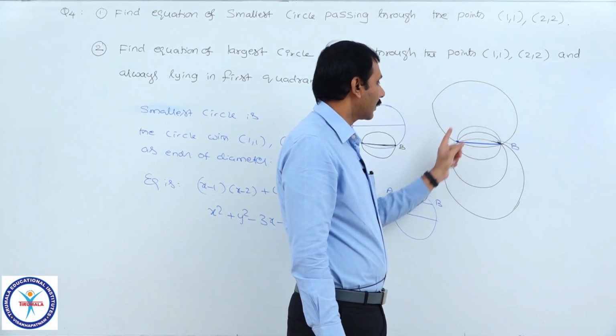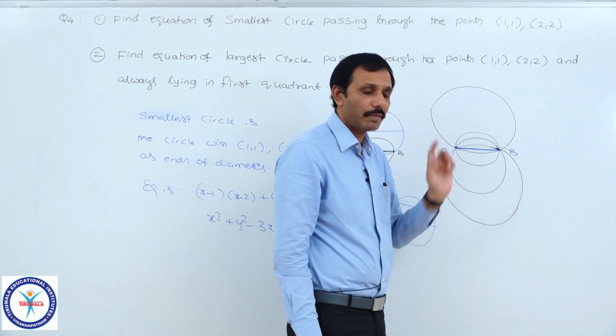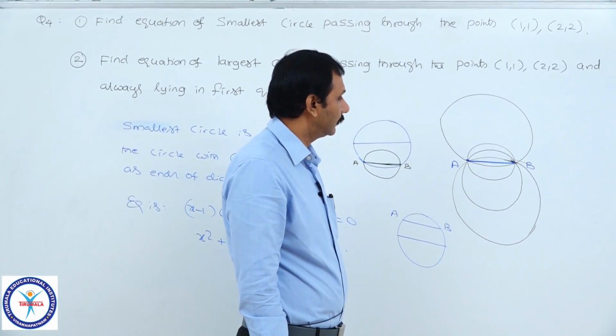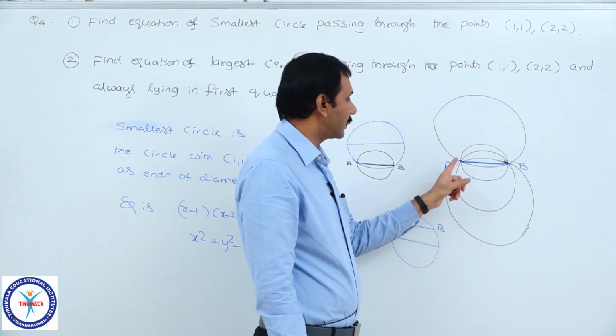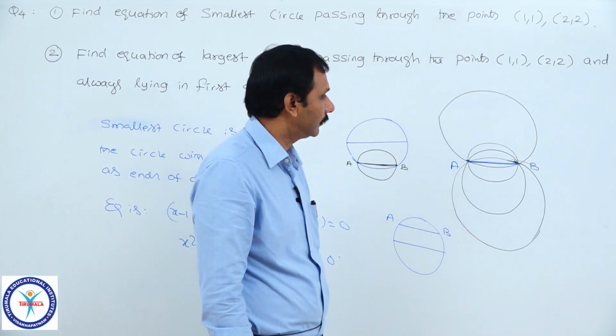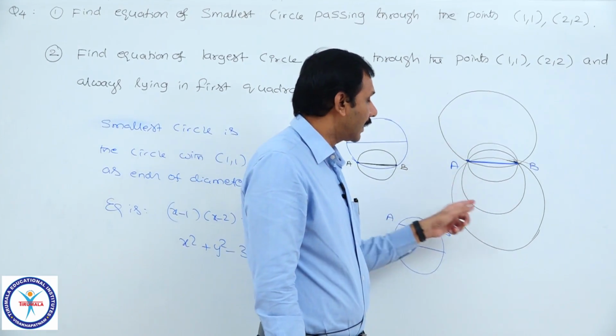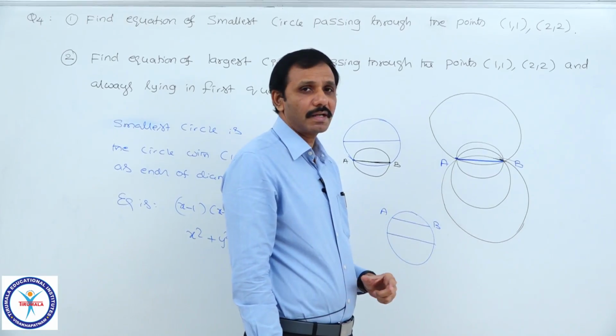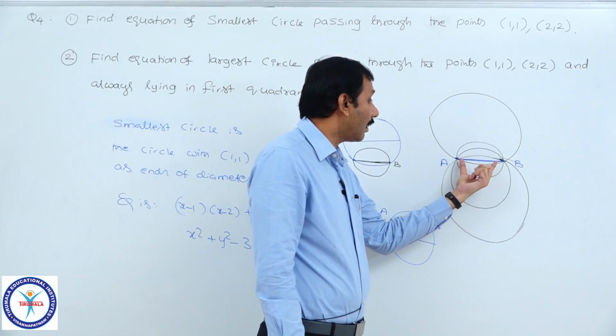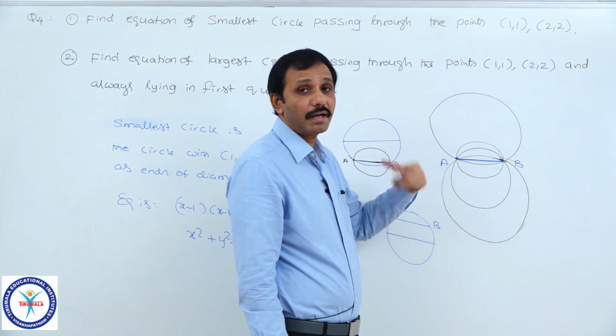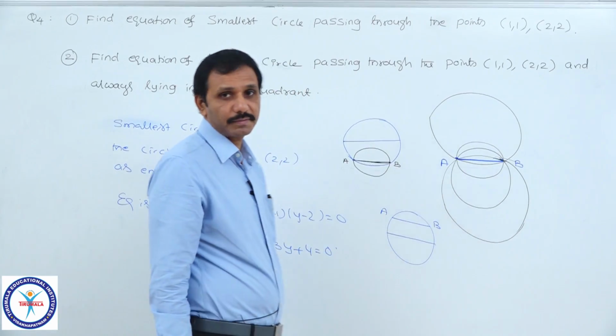These are all the circles passing through these 2 points A comma B, and for all these circles, AB is a chord. That circle will become the smallest circle when this chord AB becomes the diameter of that circle. That is the concept here.